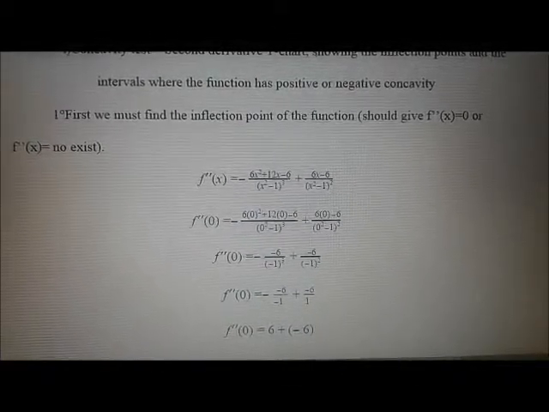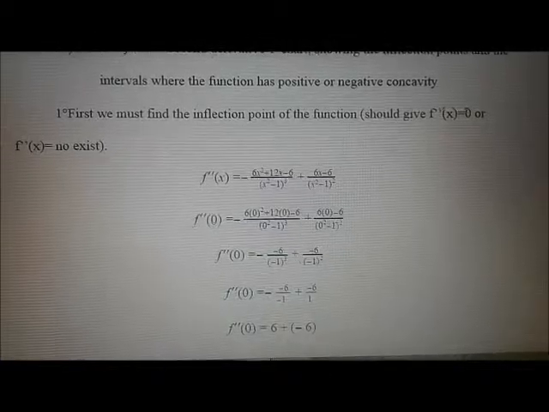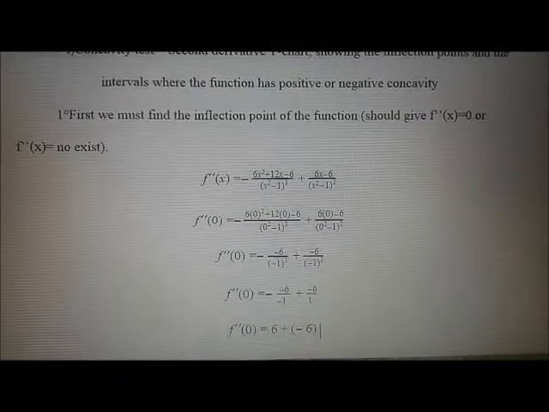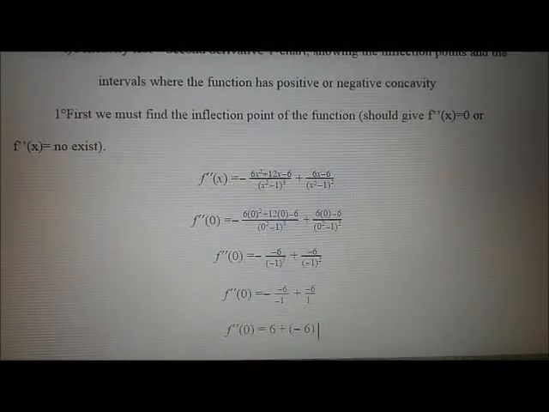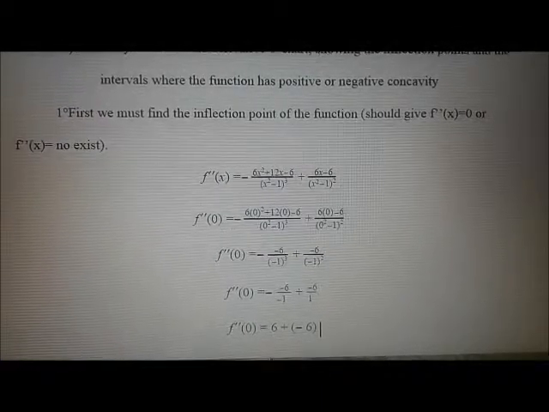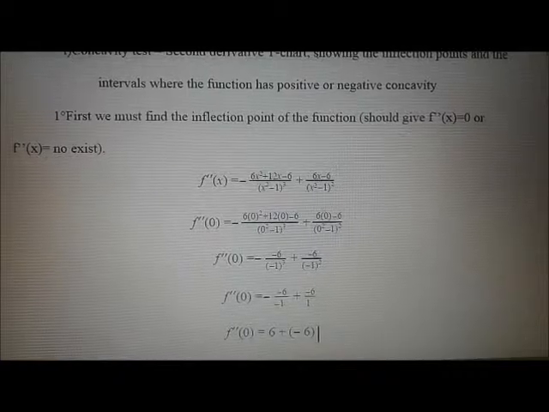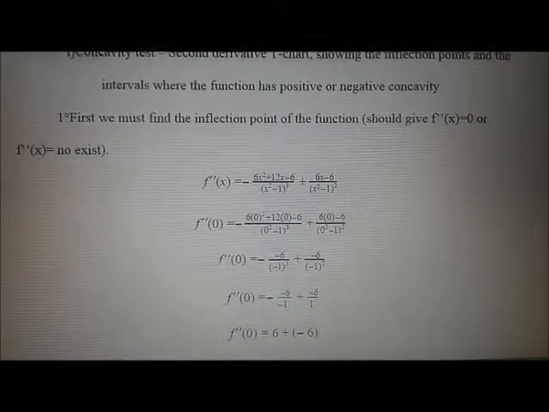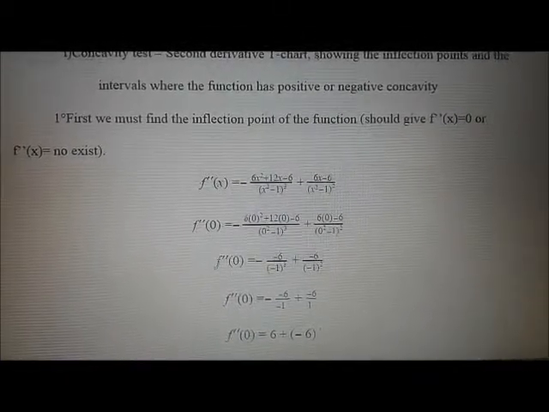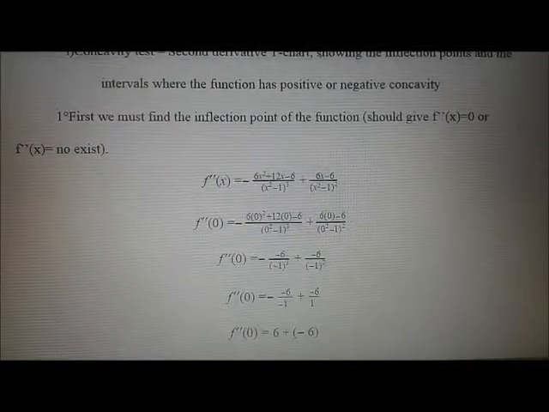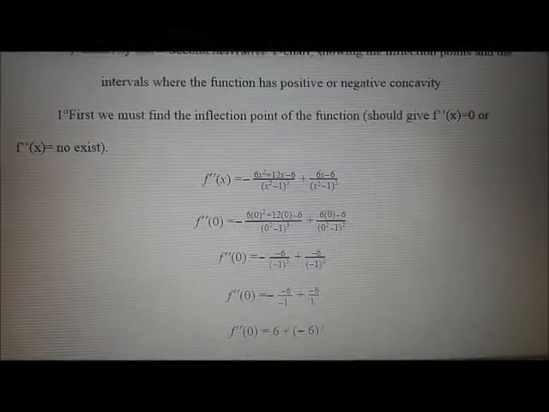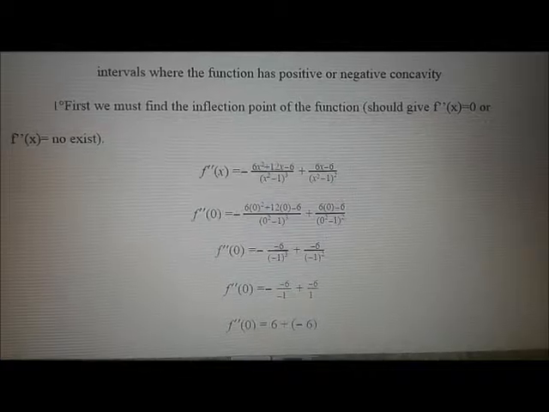The second derivative of our function is (−6x² + 12x − 6) divided by (x² − 1)³ plus (6x − 6) divided by (x² − 1)².